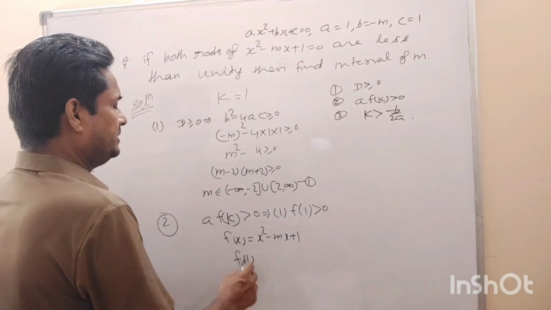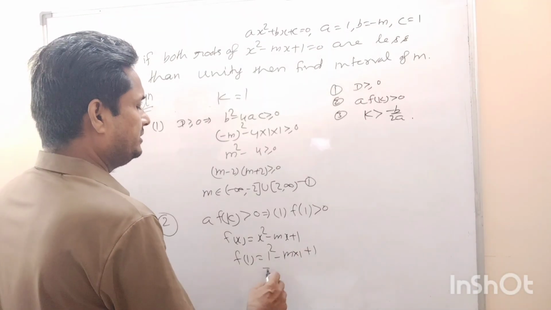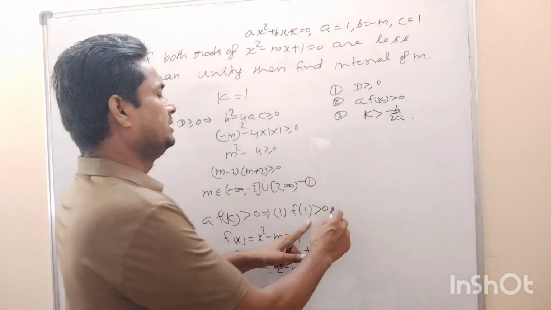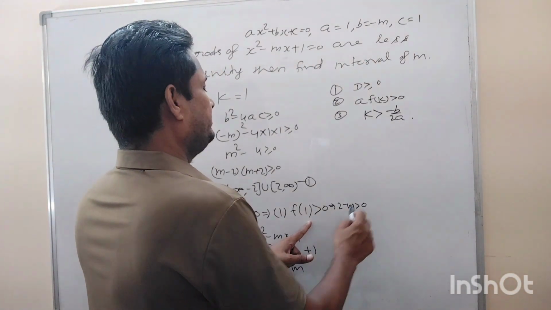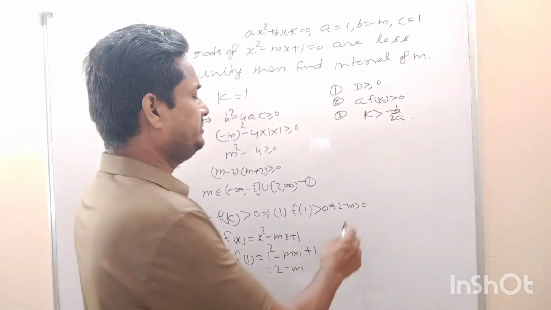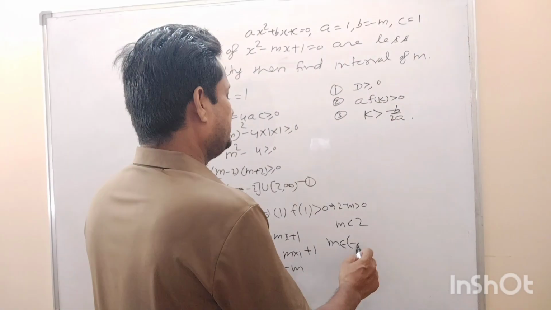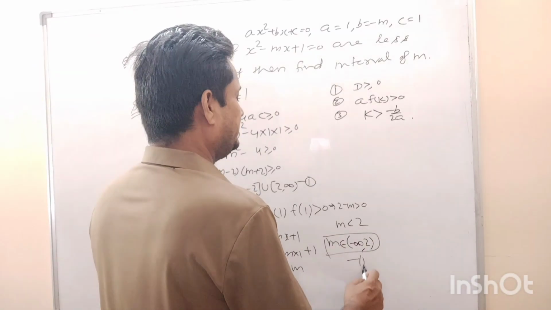So f of 1 will be 1 square minus m into 1 plus 1, that means 2 minus m. Now put the value here. So 2 minus m will be greater than 0. So m will be less than 2. So the answer is minus infinity to 2. This is the answer for the second condition.